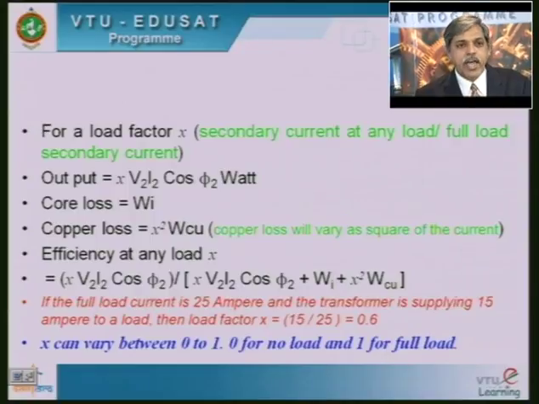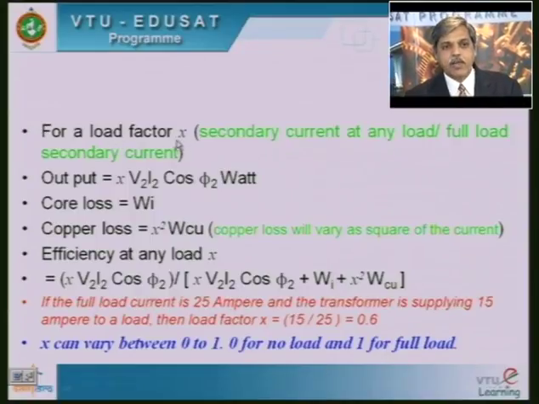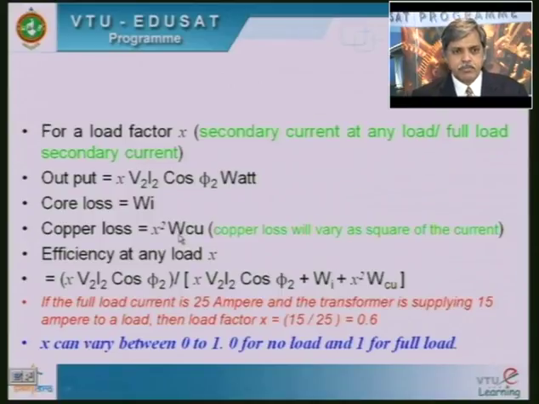So the output at this load factor will be x V2 I2 cos phi 2. V2 remains the rated value, the current is decreased by x times. So core loss is Wi, copper loss is x square times WCu, because copper loss varies with the square of the current. That is why I get x square.